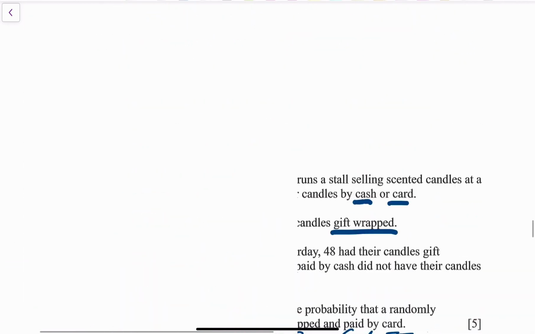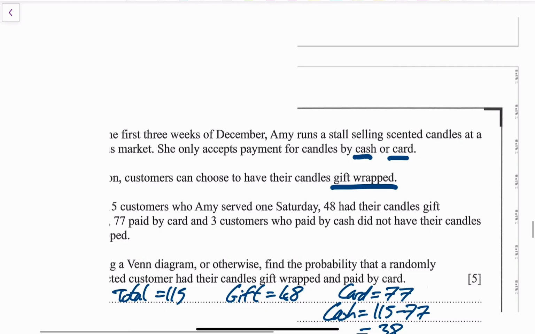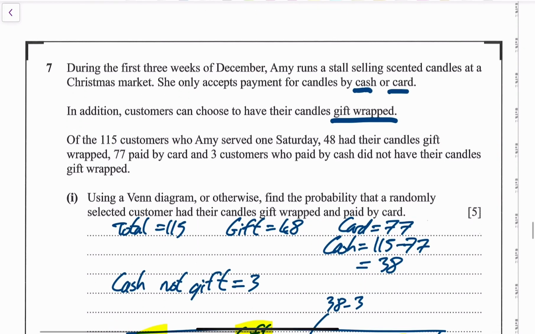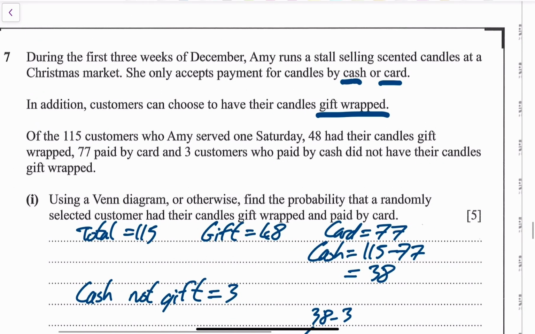So if you go back to the start of this question, it says, during the first 3 weeks, so 21 days of December, Amy runs a stall and sells scented candles, sandals... Where does it say this?